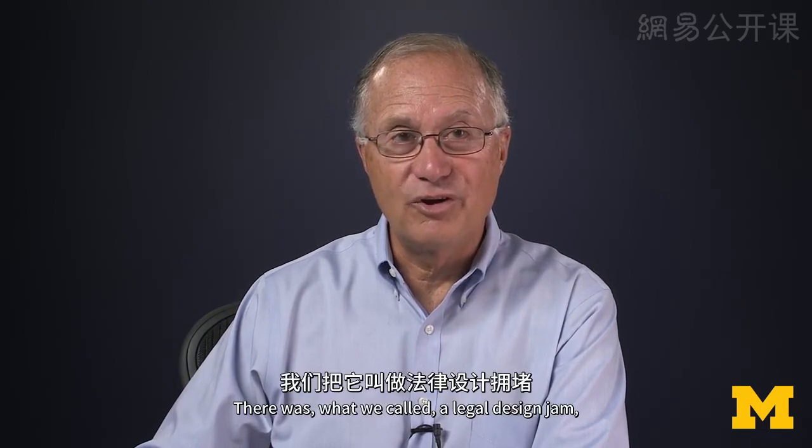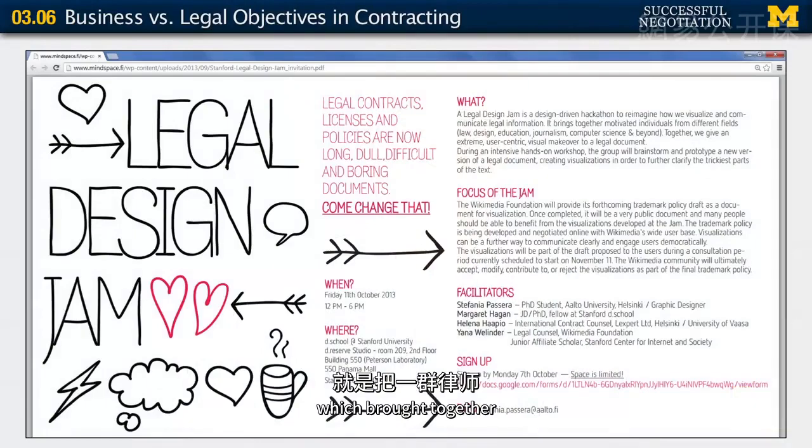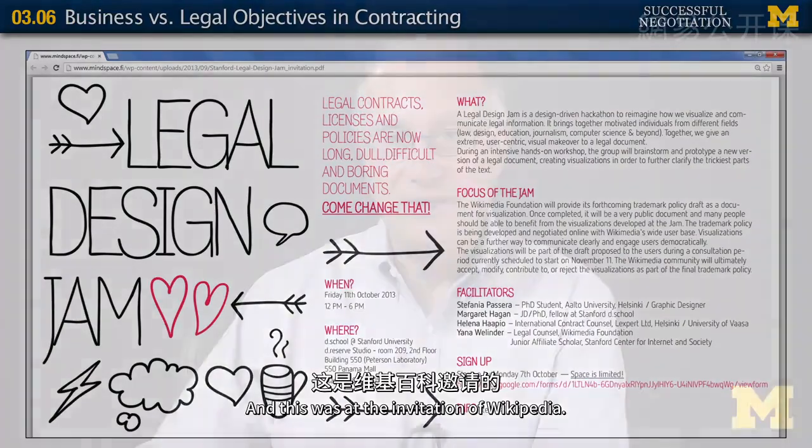My co-author got me involved in a visualization effort recently in San Francisco. There was what we called a legal design jam, which brought together a small group of attorneys with a group of designers. And this was at the invitation of Wikipedia.